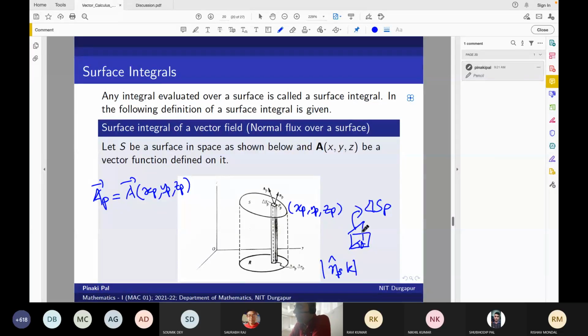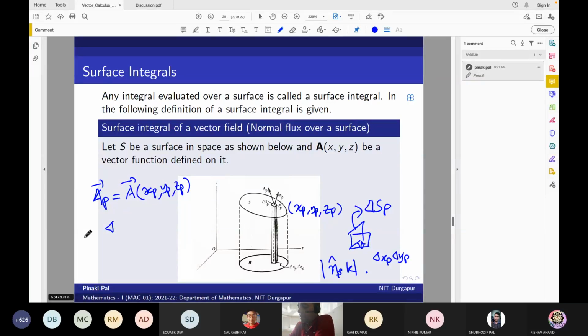Okay, so therefore, if this angle is theta, then delta XP delta YP will be equal to delta SP cos theta. NP is the unit vector, K is also a unit vector, the unit vector on the XY plane.